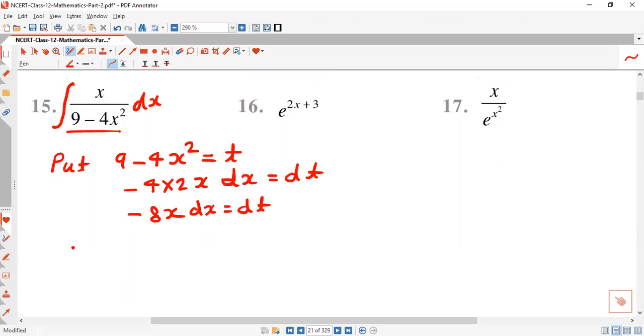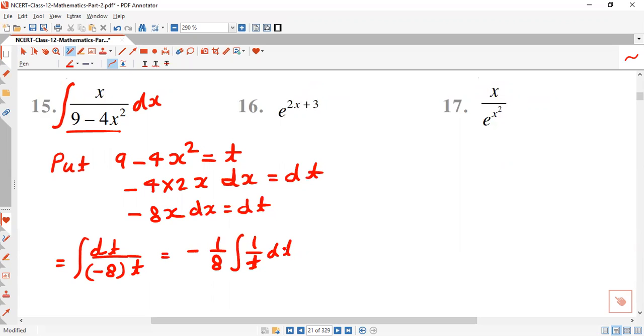So put this value here in the integration. The integration becomes x dx becomes dt upon minus 8. We have dt divided by minus 8, and the function 9 minus 4x square equal to t. So simplify this one: minus 1 upon 8 constant outside, integration 1 upon t dt.